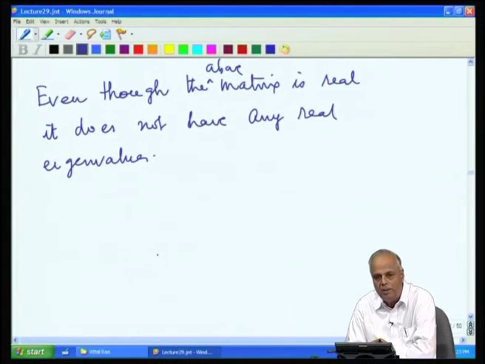Some of them may be real, some of them may be complex, and those which appear as complex roots must appear in complex conjugate pairs. So, solving polynomial equations with real coefficients over the reals, we may not have any roots or we may not have enough roots. That is one of the algebraic deficiencies of the real numbers. In fact, it is in order to eliminate this algebraic deficiency of real numbers that the complex numbers have been created.